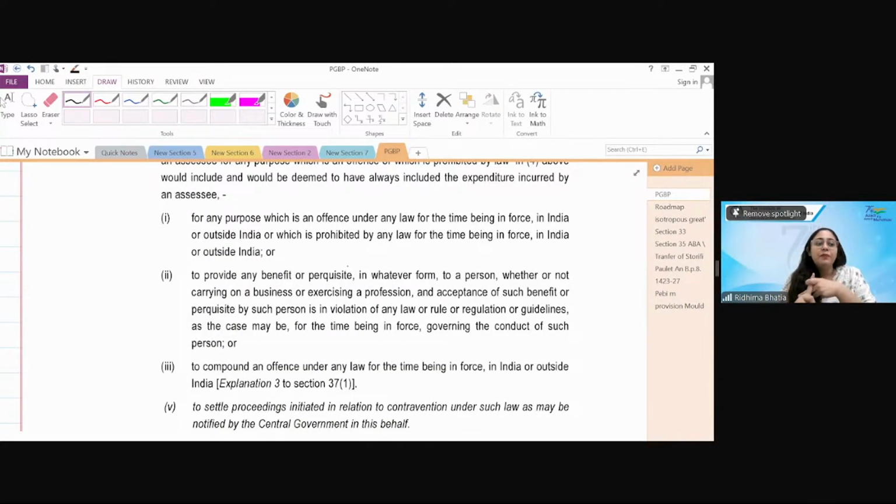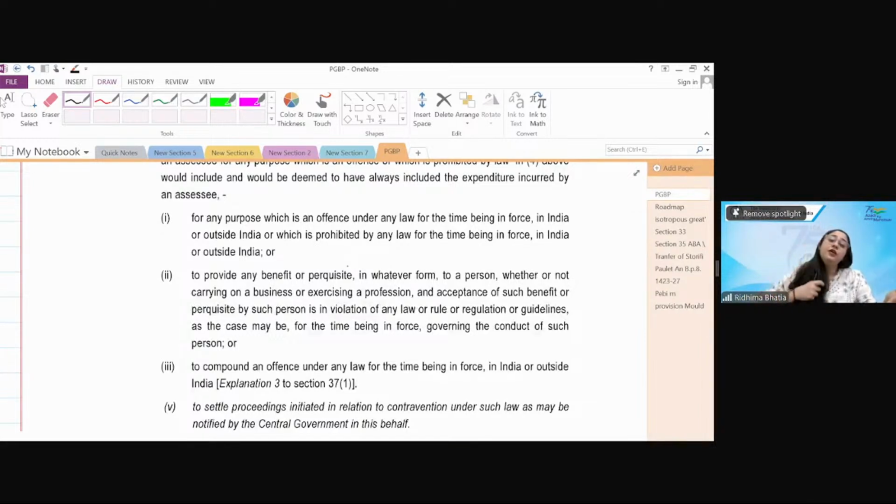One is an example of freebies. So you know that as per the medical rules or the medical regulations, you should not give freebies or medicines to the doctor to promote it. Okay. Now, suppose you are a manufacturing company of medicines. You made certain freebies to the doctor. You cannot claim it as expenditure because it is violation of the law. It is violation of the regulations put by the Indian Medical Association.